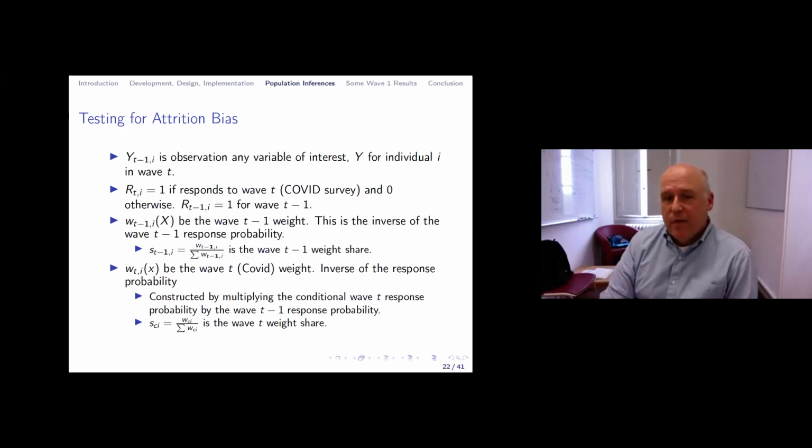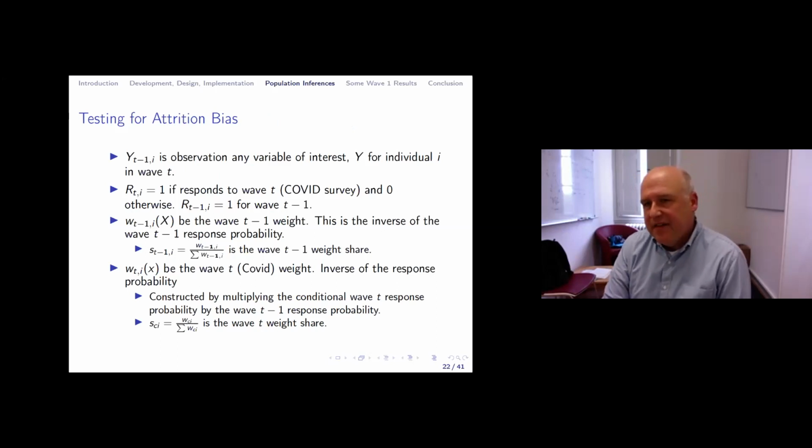So one of the things we wanted to do is provide some testing of whether our weights were working. What typically people will do is show you means of, say, the weighted data versus some external benchmark. The problem with that, of course, is that external benchmarks are limited.